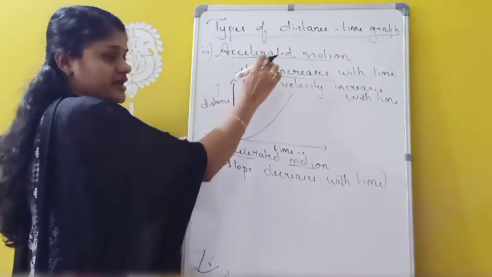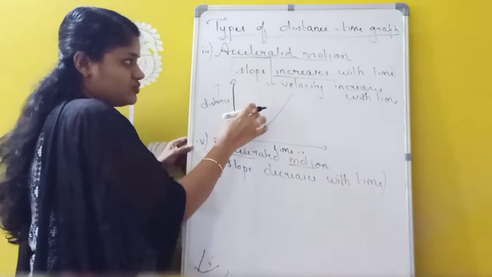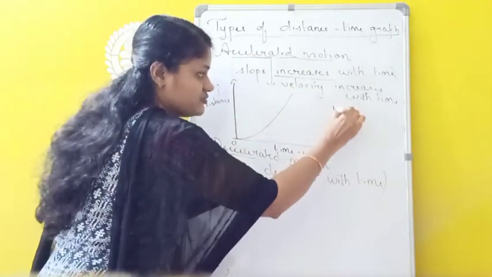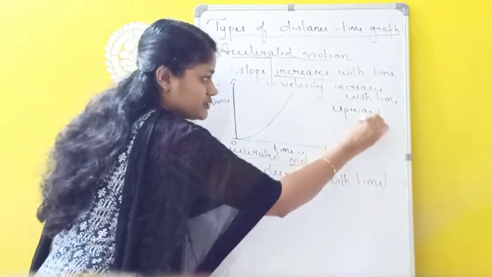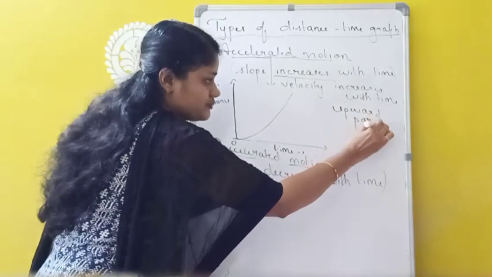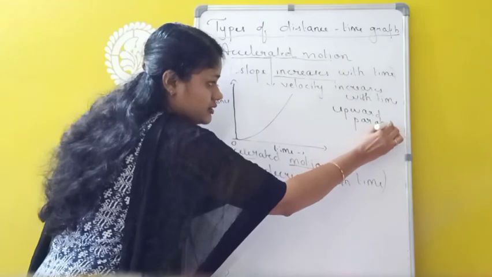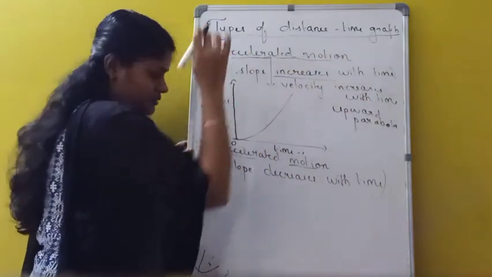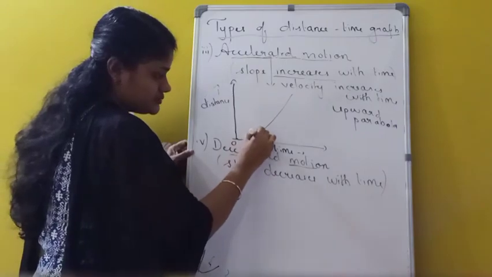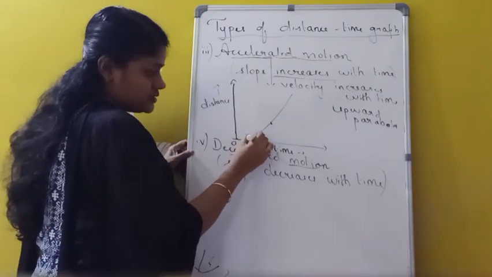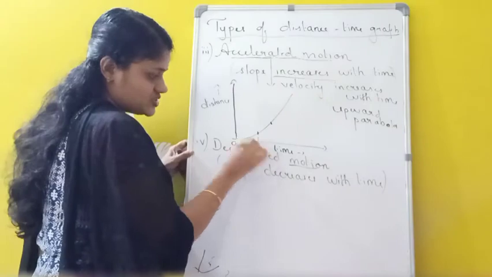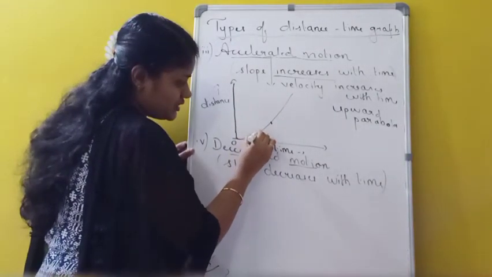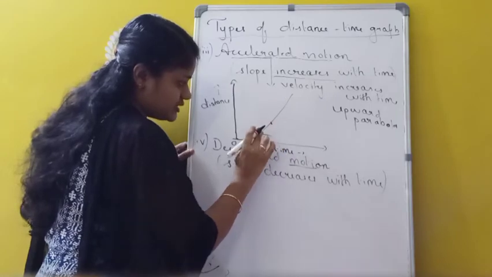The distance time graph for accelerated motion will be an upward parabola. And here we know that velocity is increasing with time. So we are taking 2 points. Suppose a time t1. I have taken 2 points here, and I want to find the slope. That means I can construct a triangle here.